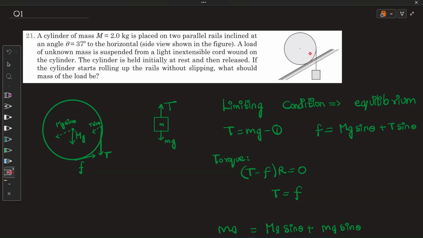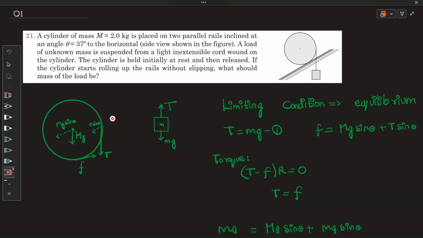This will try to prevent it from going down at some particular weight. Let's assume that weight to be m. At that weight, the whole system is in equilibrium. If we increase m, the whole thing will move up. If we decrease m, the system will move down and m will go up. This is the main logic behind it.